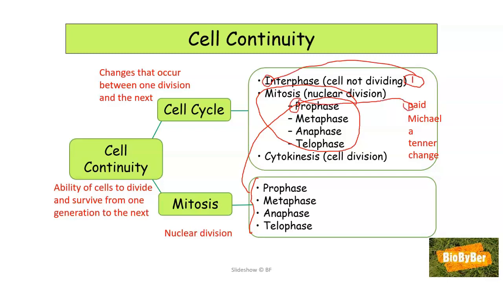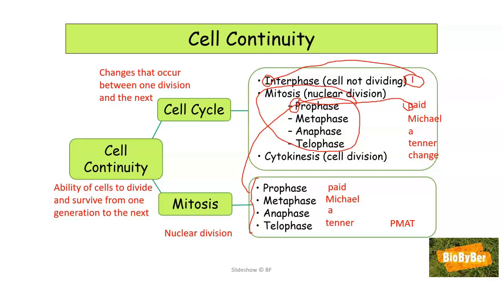So I paid Michael a tenner change gives the full account of the cell cycle, including the important process of nuclear division. Well, if we just want to describe mitosis on its own, which is really the objective of this lesson, we just give an account of the 4 phases. You basically just paid Michael a tenner, or PMAT, as we suggested in a previous video.